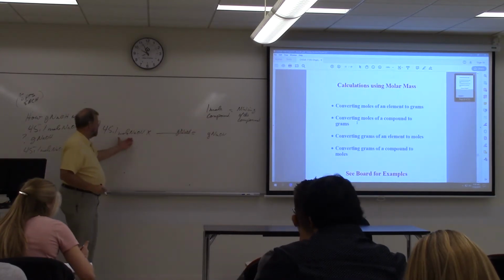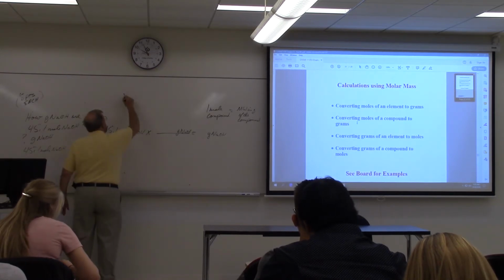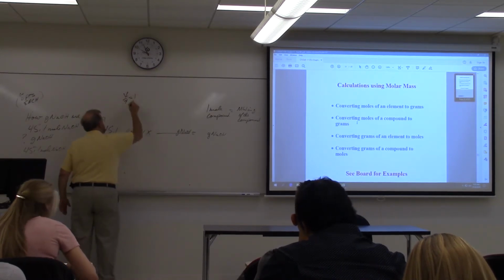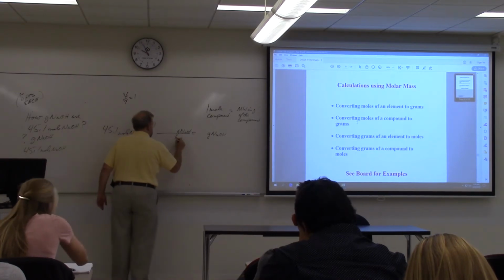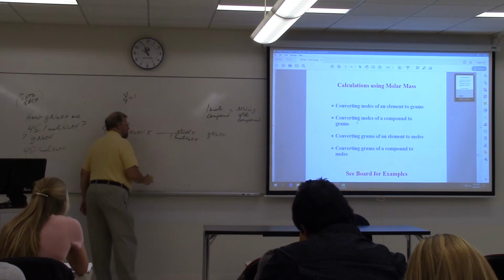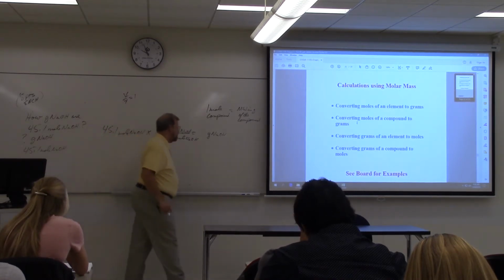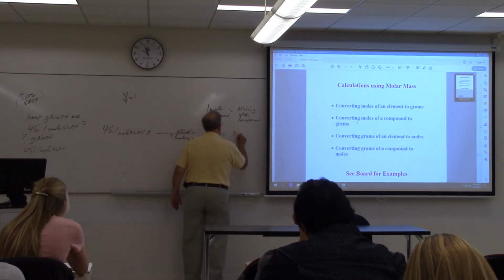Whatever I'm trying to get rid of goes underneath, because anything divided by itself equals 1. So I'm going to put moles sodium hydroxide. Where do I get that number? 1 mole equals the molecular weight. We did this, but let's do it again.